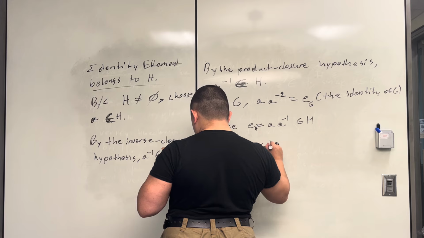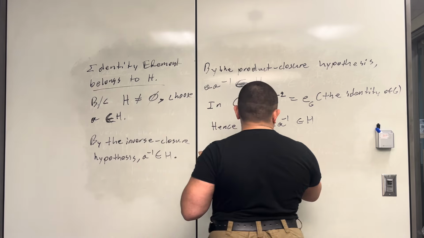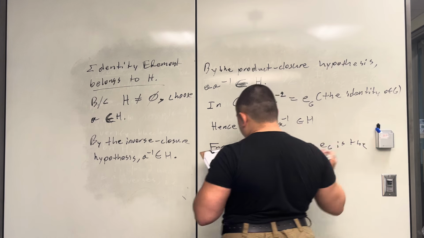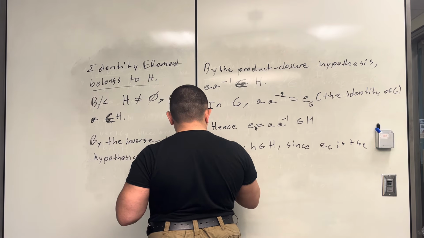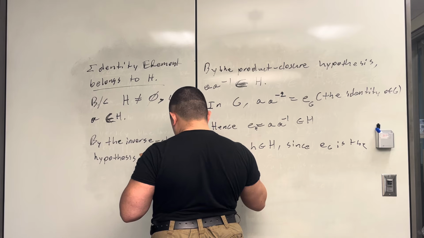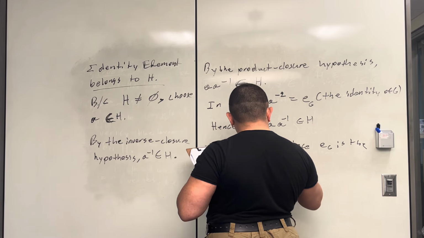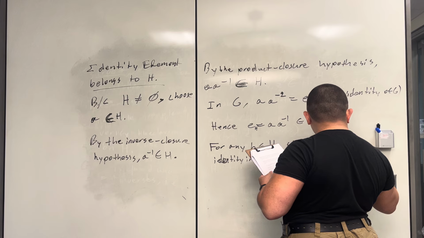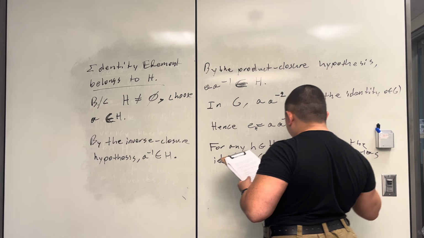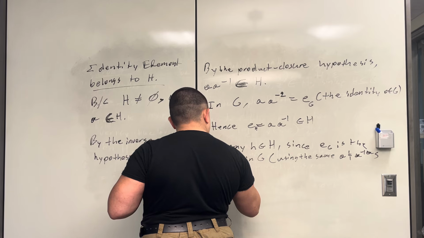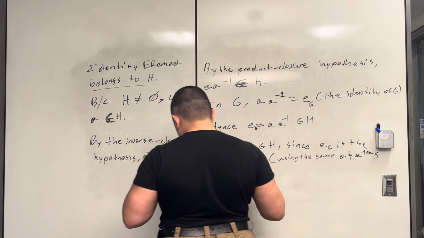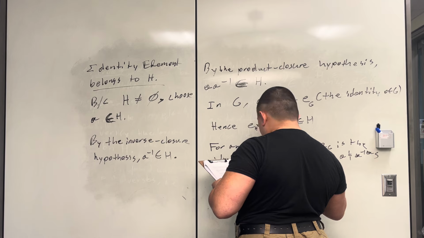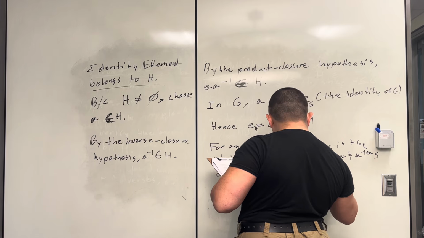Since e is the identity in G, using the same a and a inverse as defined, e sub H times h is equal to h, and h times e is equal to h.